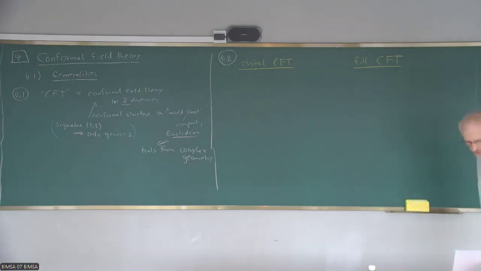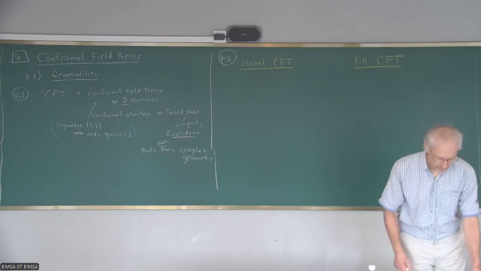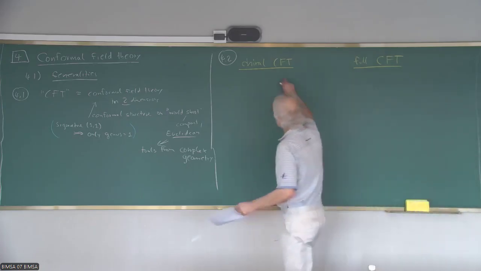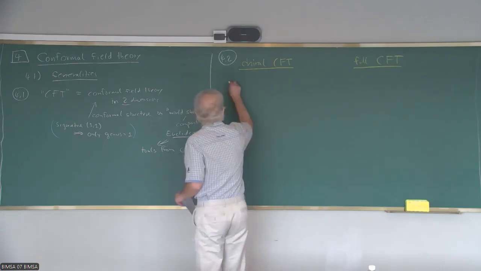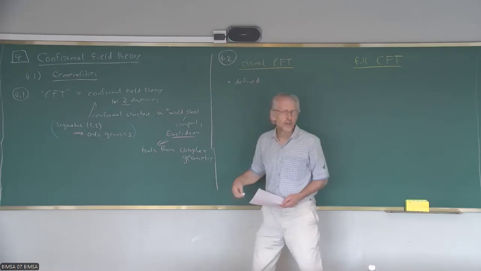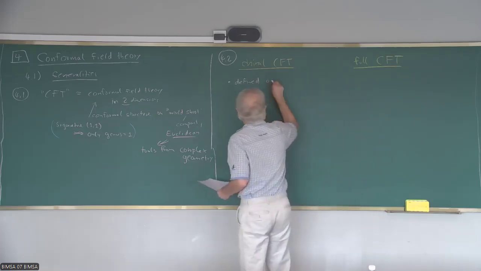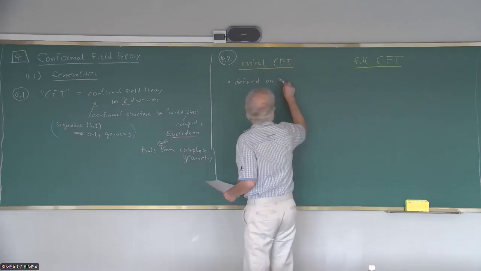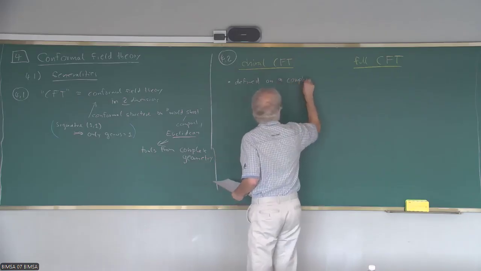So one has to be careful when we use the term conformal field theory. And the point here is that this is defined on a complex manifold. So 2 real dimensions mean 1 complex dimension. So one says on a complex curve.